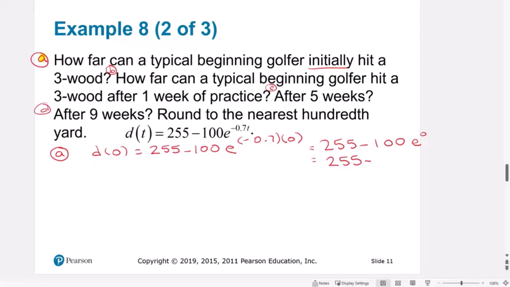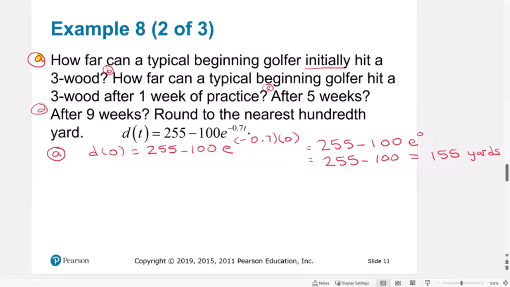Well, anything to the 0 power is 1. So this becomes minus 100, which means that most golfers, when they first start, can hit a ball with the 3-wood 155 yards.